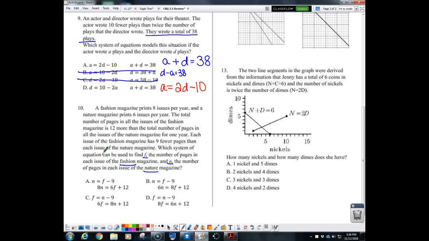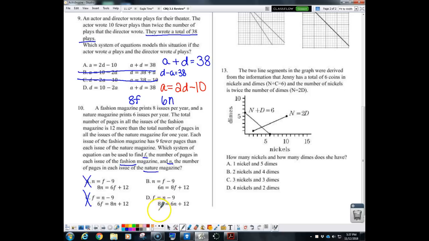All right, so a fashion magazine prints 8 issues per year and a nature magazine prints 6 issues per year. So for sure, fashion is 8, right? So you want to see 8F somewhere. And nature is 6. So for N you want to see 6 and for F you want to see 8. So now you can start evaluating your answer choices. This has 8N, so that is incorrect. This also has 8N.